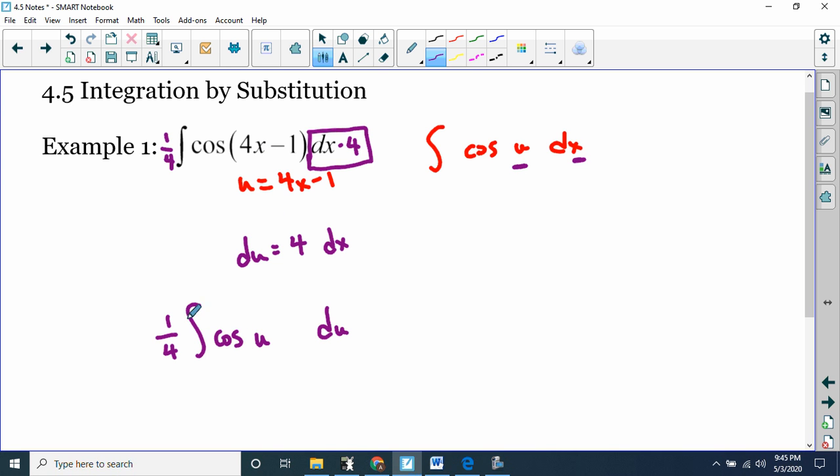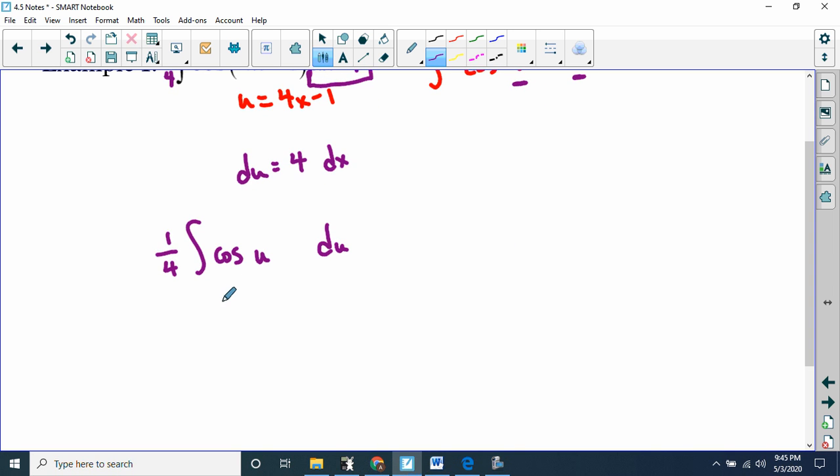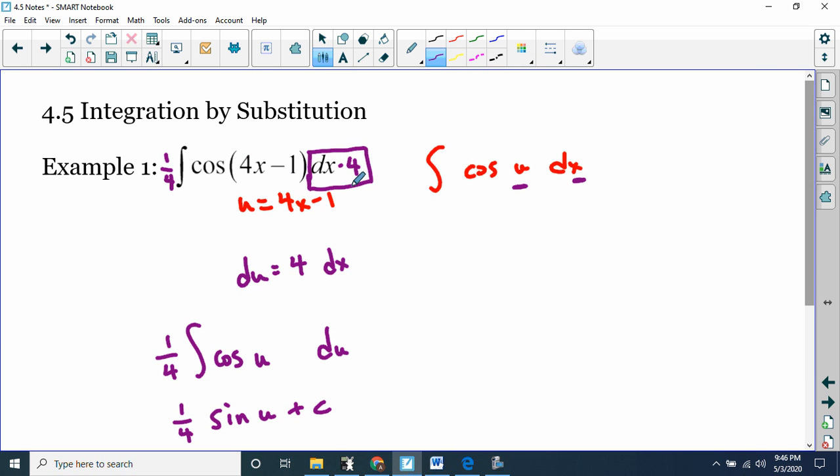Right now, this is something I can integrate because it's no longer cosine of 4x minus 1, it's cosine of just a variable, cosine of u. The integral of cosine is sine. We don't want that to be our final answer because there weren't any u's in the problem.